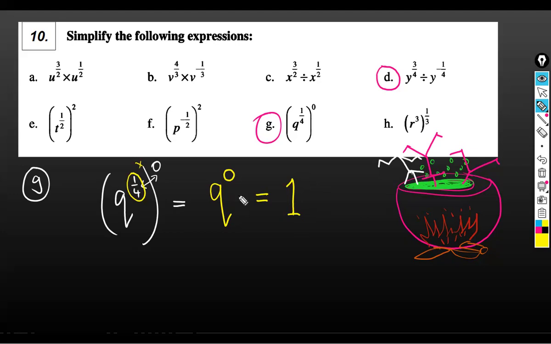Anything to the power 0 boils down to 1. Some people said q to the power 0 or q to the power 1. Q to the power 1 is also wrong, because q to the power 1 is q. That's different from 1. The final answer is just the number 1.